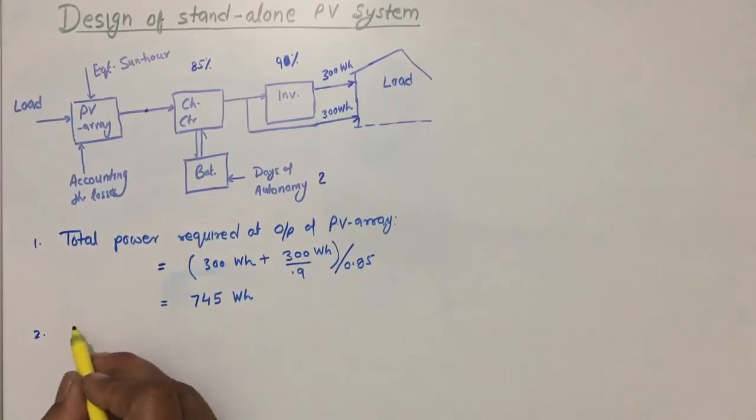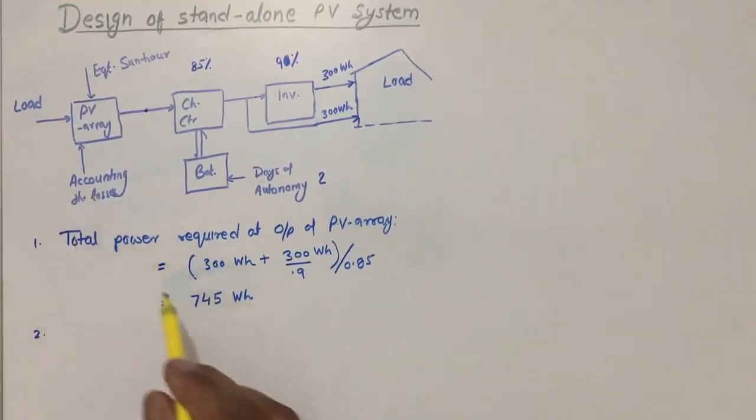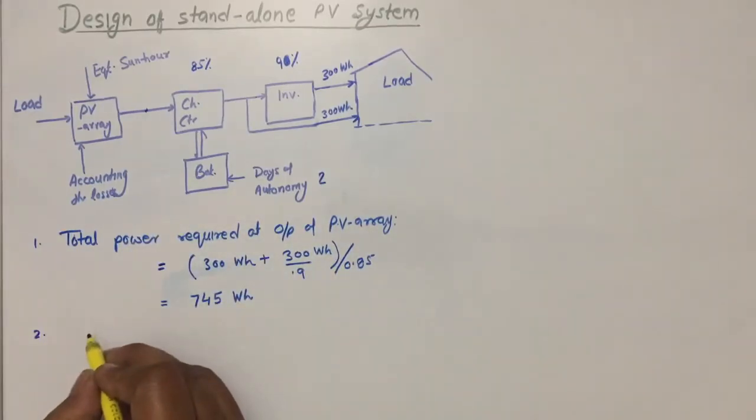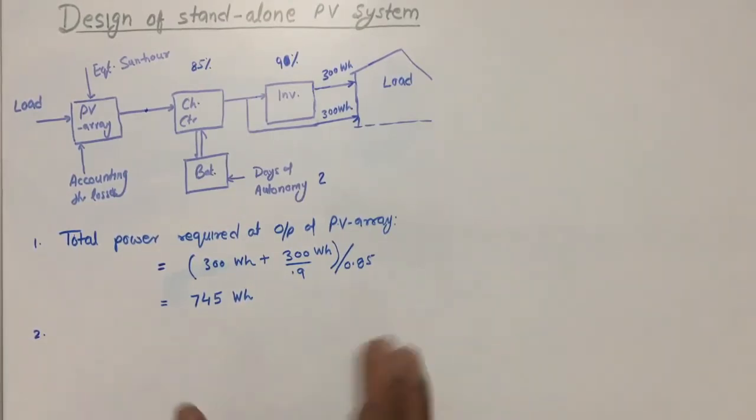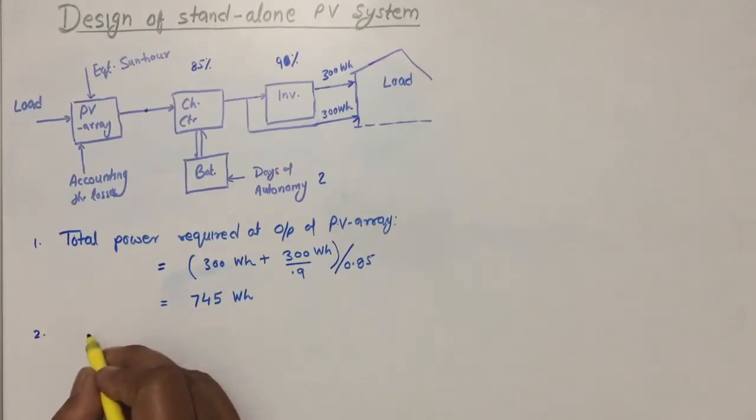Now, the equivalent sun hour is important to know for the particular location where the system is being designed. For example, considering different conditions, the equivalent sun hour can be taken as 6.5 or 6 hours per day.